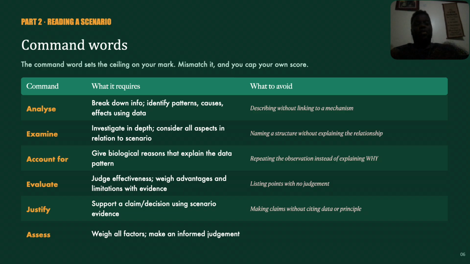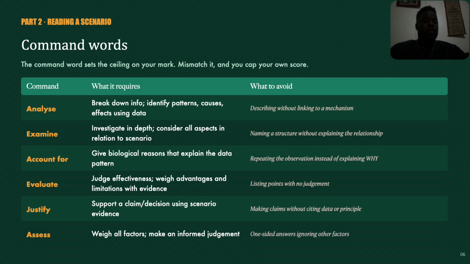They are saying look at all the information given to you and make an informed judgment. Look at the data given to you, look at the different data points, the different comparison, and tell us your assessment of the situation. Now, it is very dangerous to make one-sided answers ignoring other factors when you're doing this.